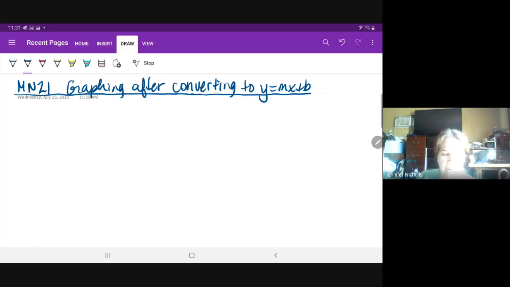The name and the date. Notes usually, it depends on your teacher. If your teacher collects notes as individual pieces of paper, then you definitely want to put your name. You definitely want to put your name in your notebook.